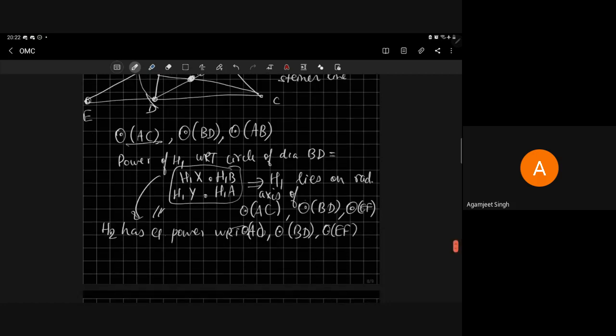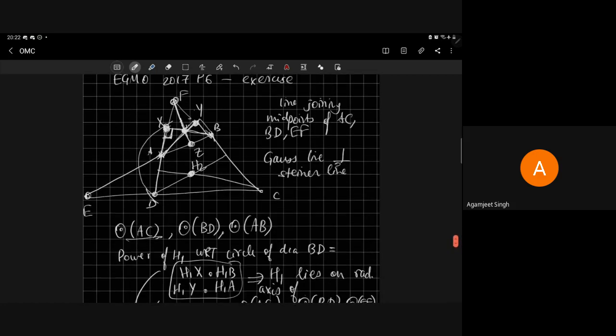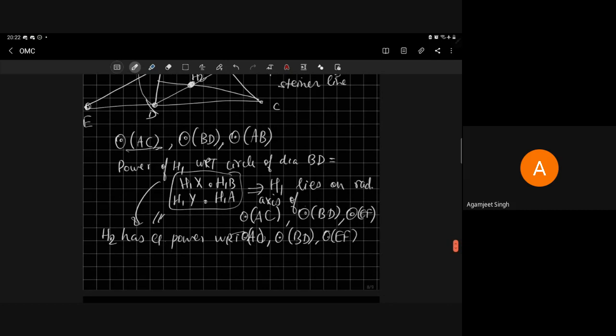And similarly, if you take the other two orthocenters H3 and H4, they also have equal power with respect to these three circles.